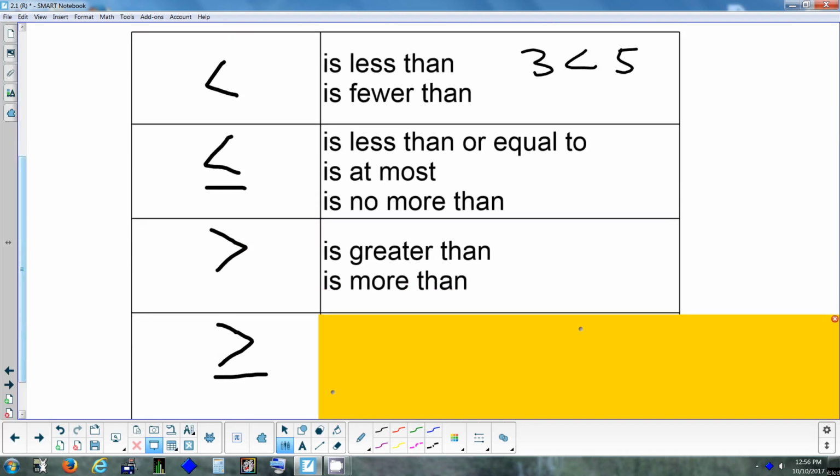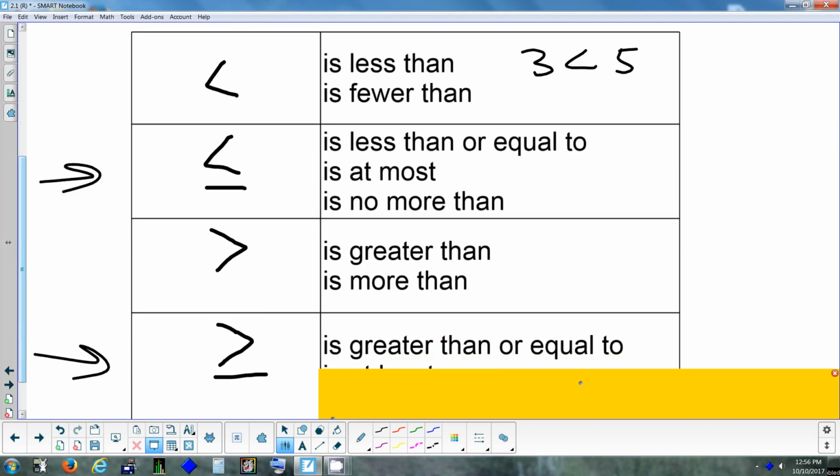Now, based on what we just said for this one, anyone think they can give me some different ways to say this one? Let's start with the first way. Anyone think they could reword that? Is greater than or equal to. Yep. How about the second one?